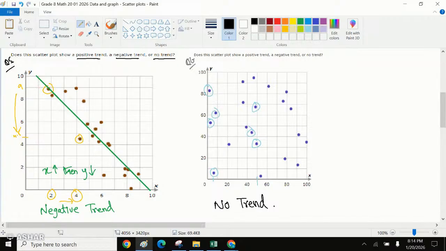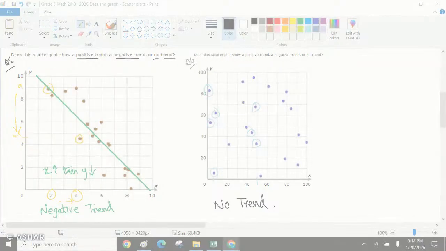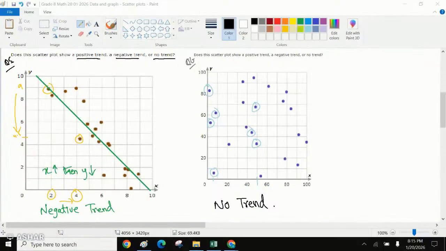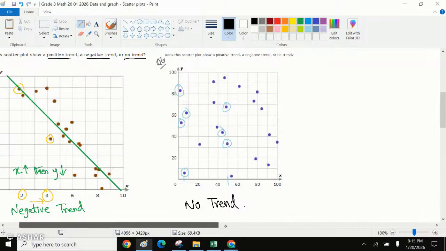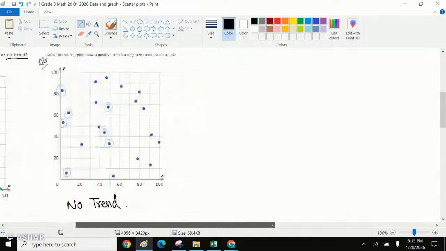Okay. Moving ahead with the next question. Okay, let's see. What does the next question suggest? The next question says, find the trend.